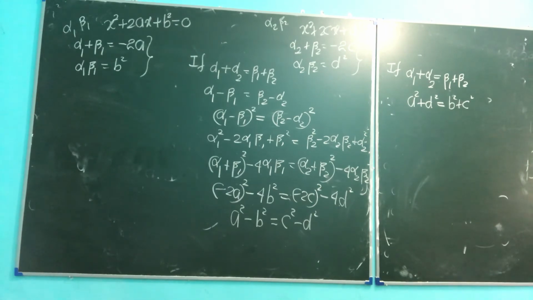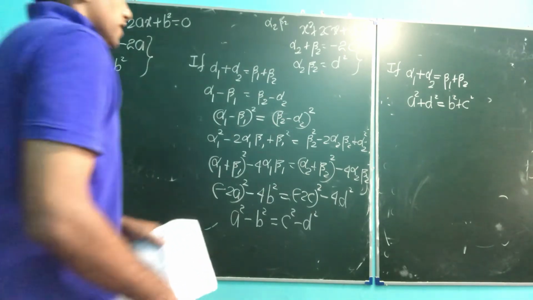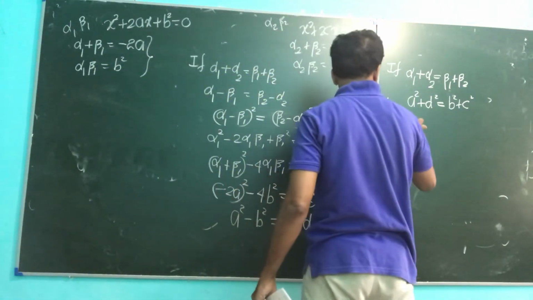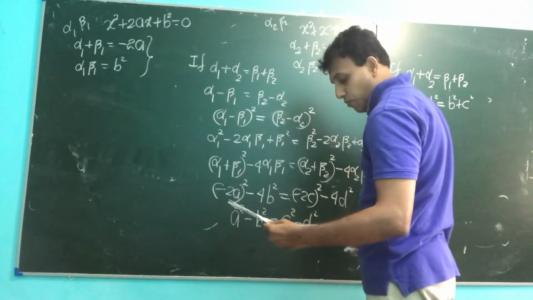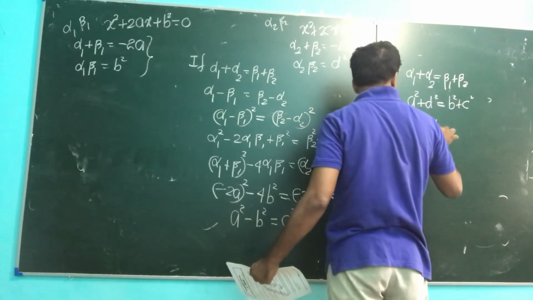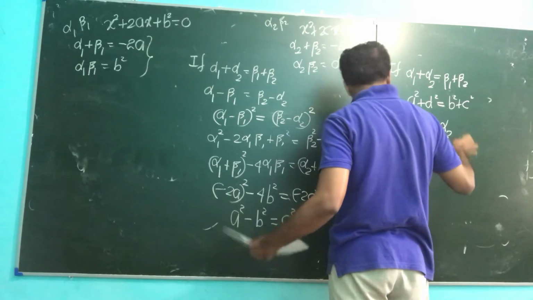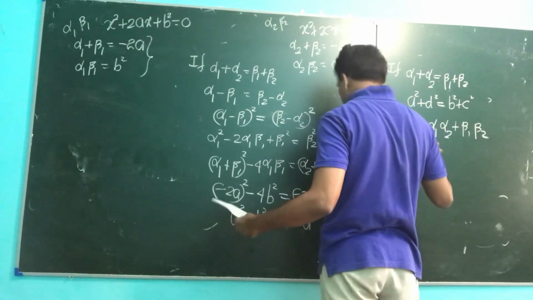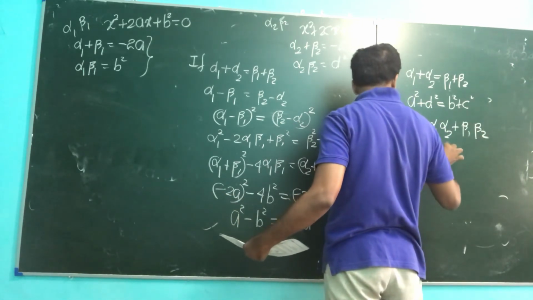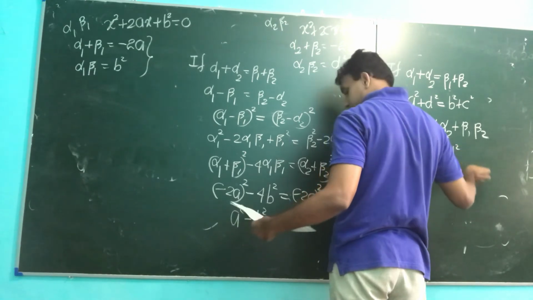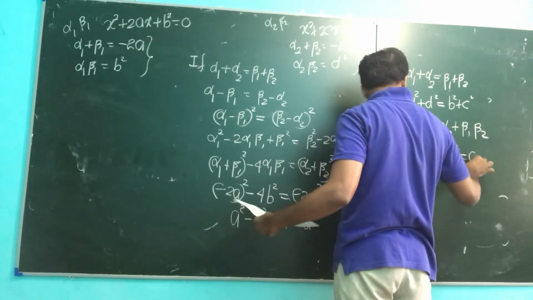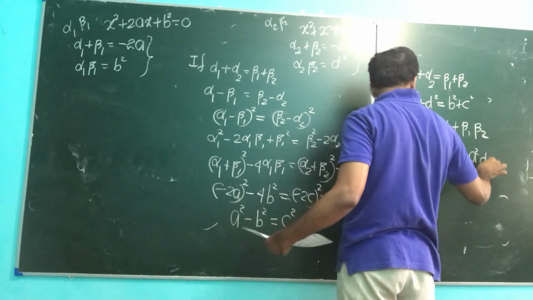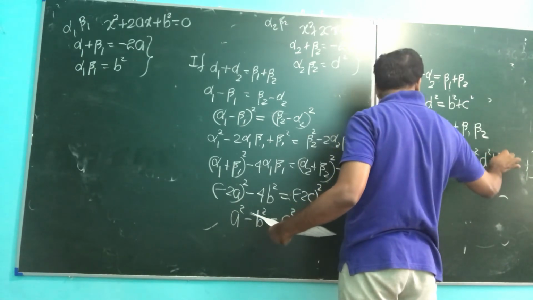See the next part of this. Another condition is available: if alpha 1 alpha 2 plus beta 1 beta 2, then show that b square d square equals a square d square plus b square c square.